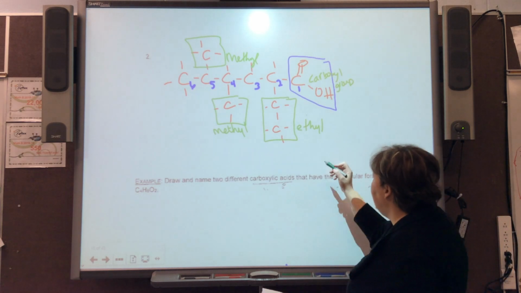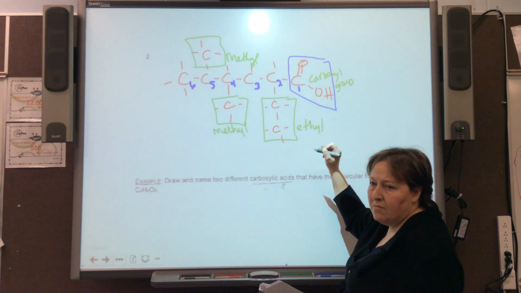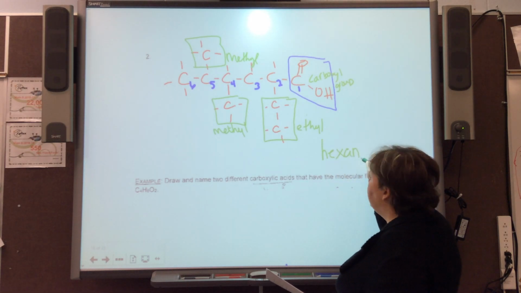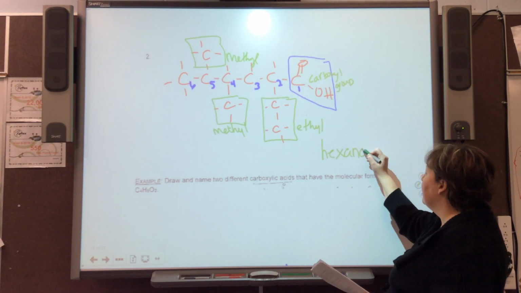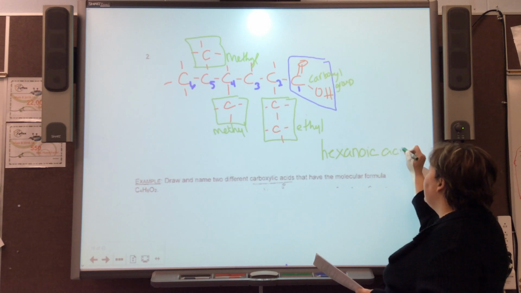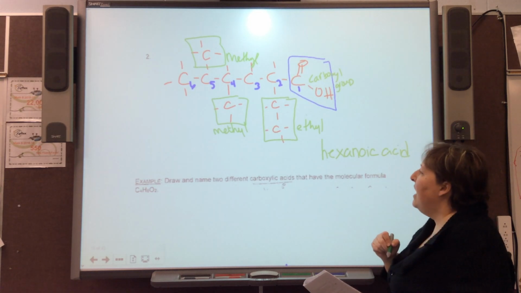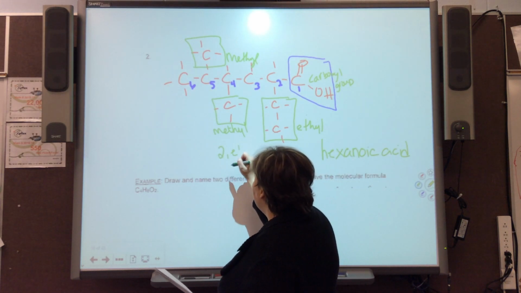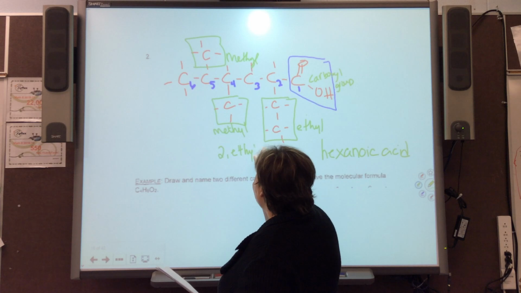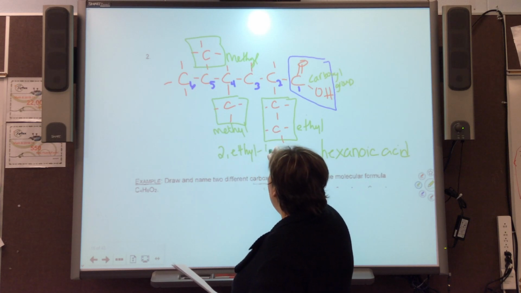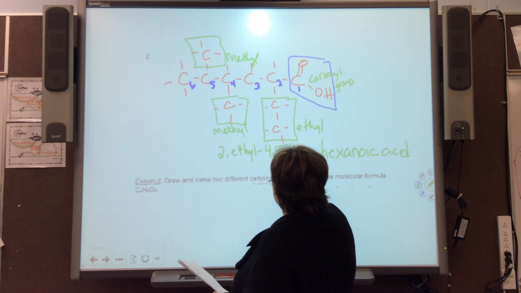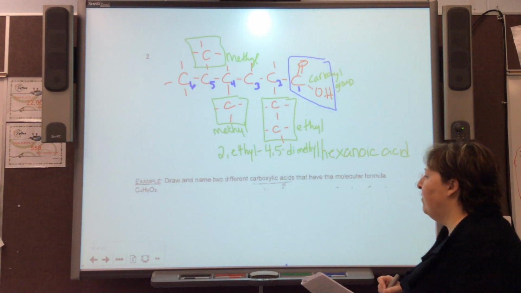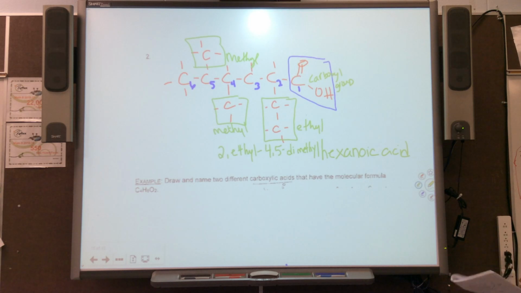So that's going to be what? What do we call 6 carbons? Hex. Replace the E with an oic. So we know we're dealing with a hexanoic acid. And we label accordingly. On 2, we have an ethyl. And on 4, 5, we have a dimethyl. 2-ethyl-4,5-dimethylhexanoic acid.